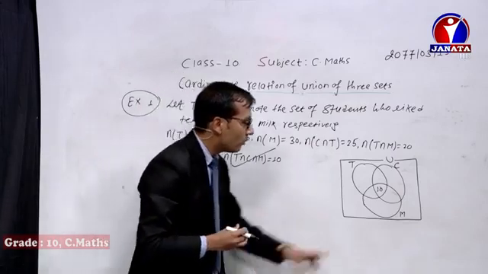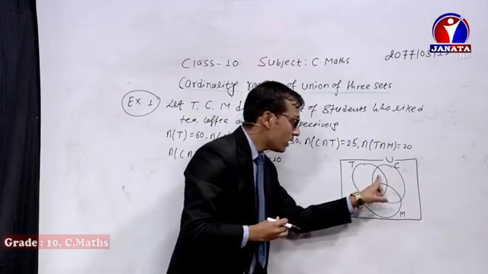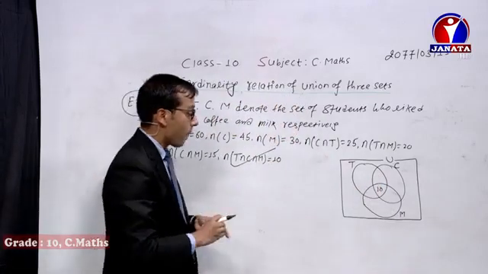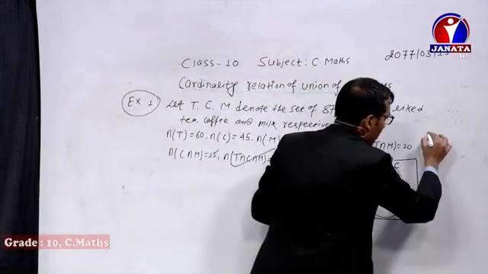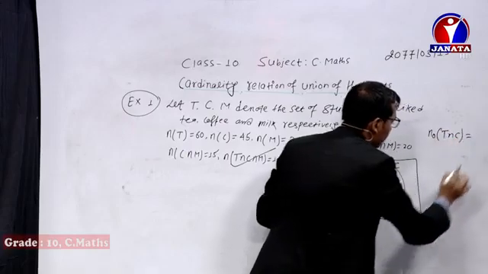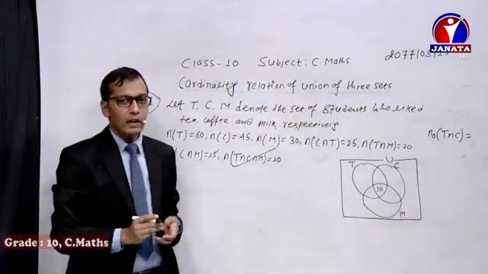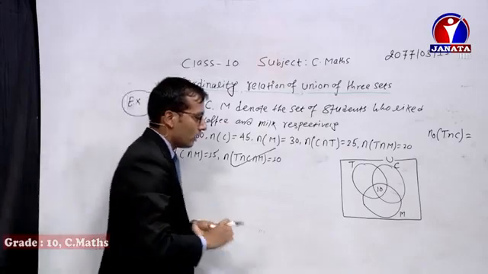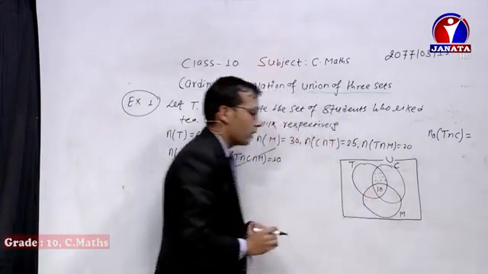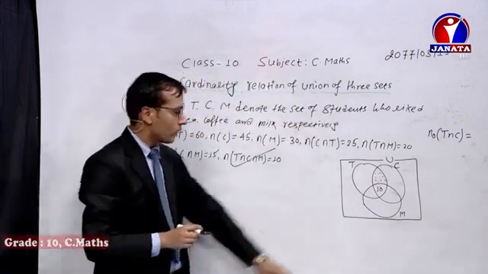What is the number to be inserted in this region, only T ∩ C? How to find only T ∩ C? What is the number to be inserted here in the shaded region?